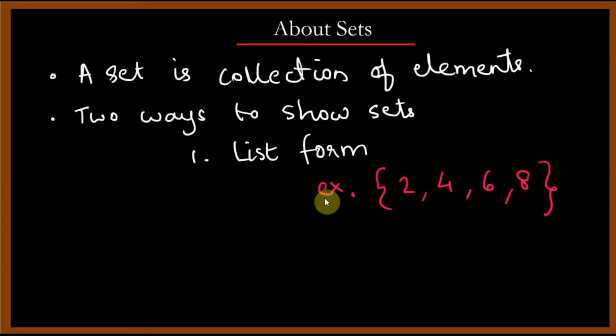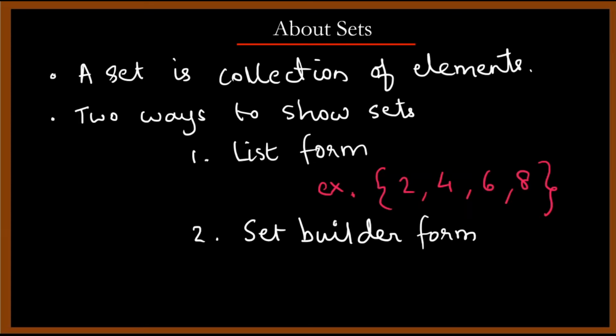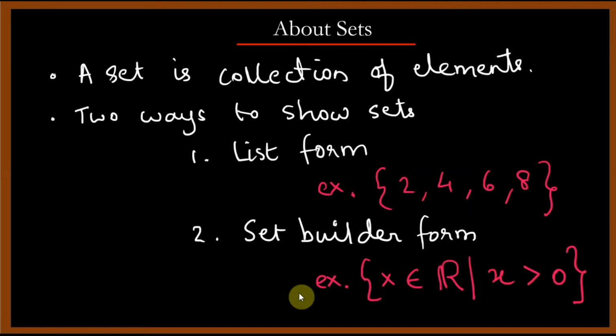Or show the set in set builder form, which picks an element from the set and defines its property or restrictions, so we can say something general about the set. For example, x in R such that x is greater than 0. In other words, the statement is: x is a real number such that x is greater than 0.